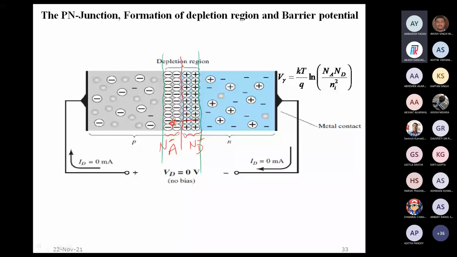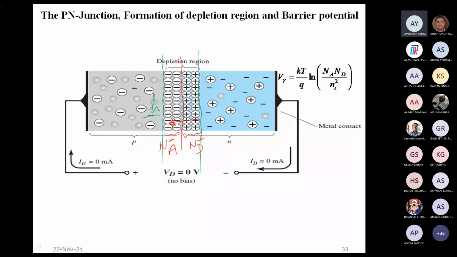Because of the existence of the electric field here, there are no mobile charge carriers which can stay in this region. This electric field applies a force on those charges and they are just swept across the region. So holes will be pushed in the direction of the electric field.